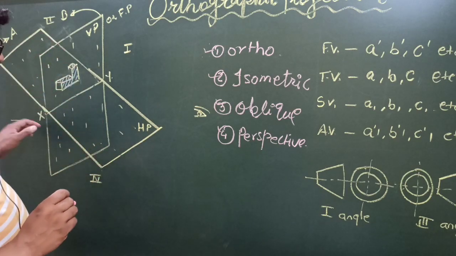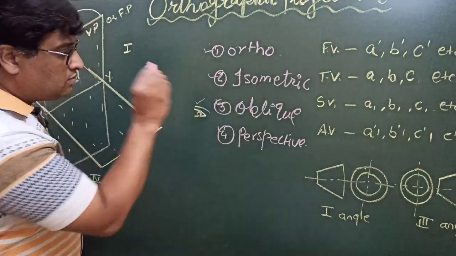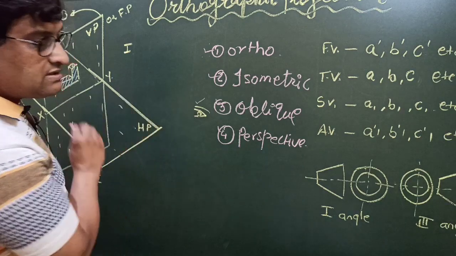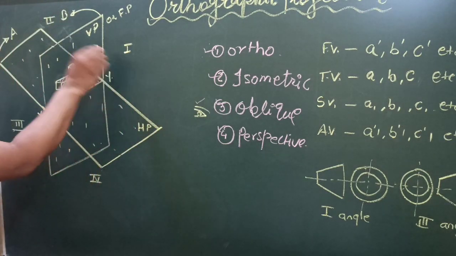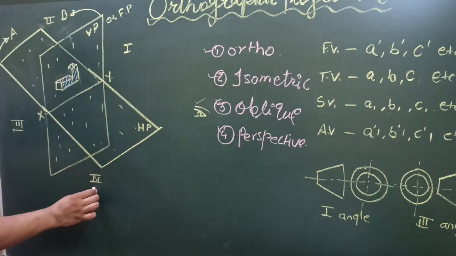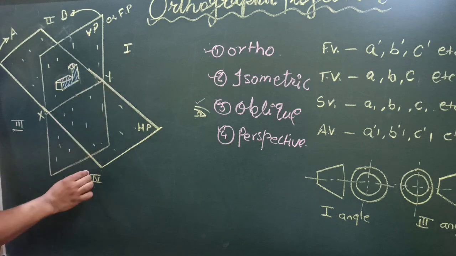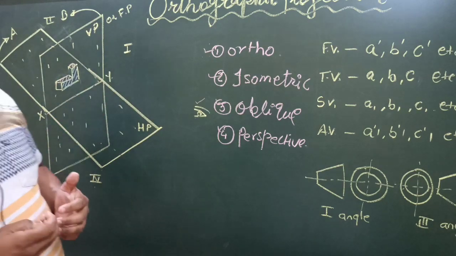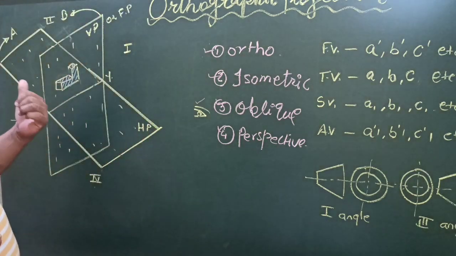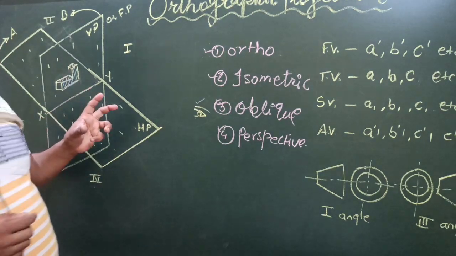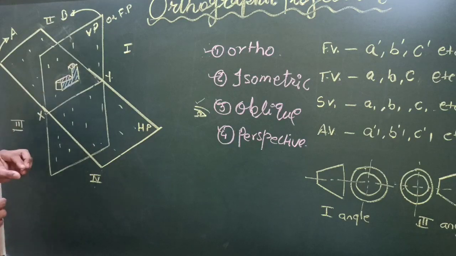So these quadrants are according to the position of the observer. Say the observer is this side, so this will be first, second, third and fourth quadrant. If the observer is looking from this side, this will become first, this is second, third and fourth. That is why in case of the reference plane system, we define the quadrants as per the position of the object.